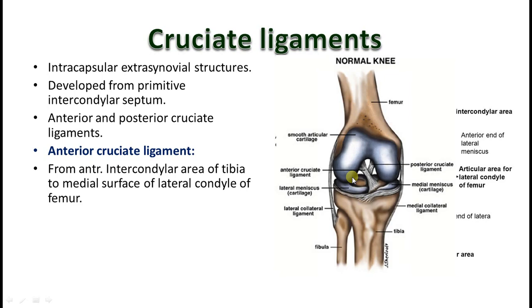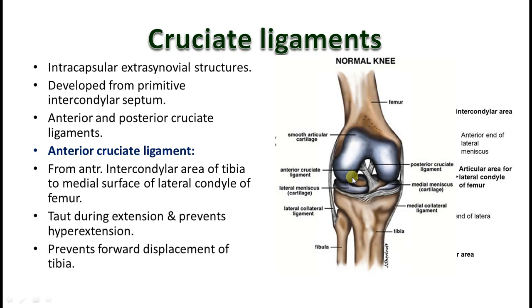Anterior cruciate ligament. It is very tight during extension. Okay, during extension it is tight, and it also provides an axis around which the femur rotates during the last stages of extension, or vice versa during the beginning stages of flexion.